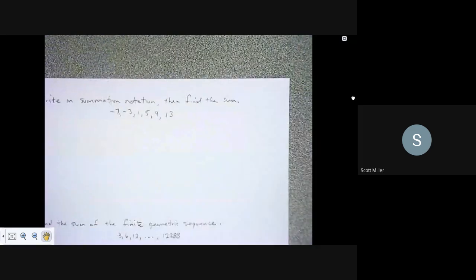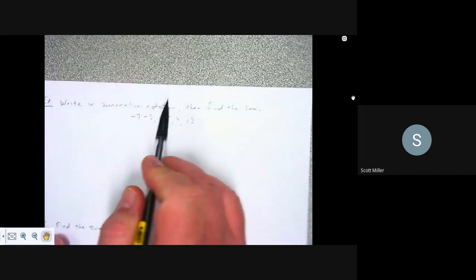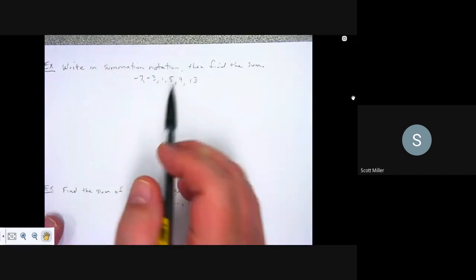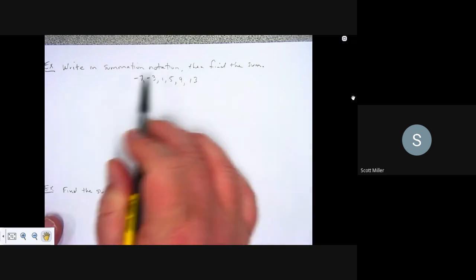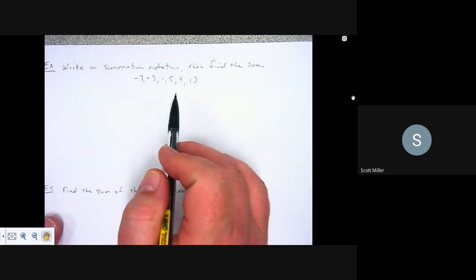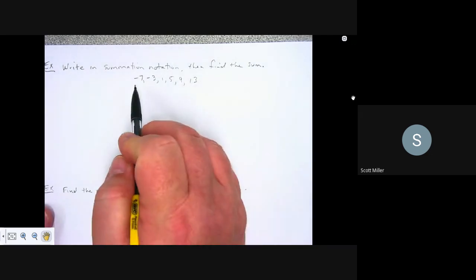So we're going to write a summation notation and find the sum of that finite sequence. To write the summation notation, you need to find the explicit rule for this. And we need to know how many terms there are.